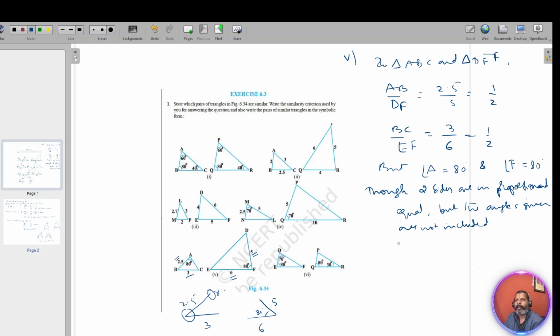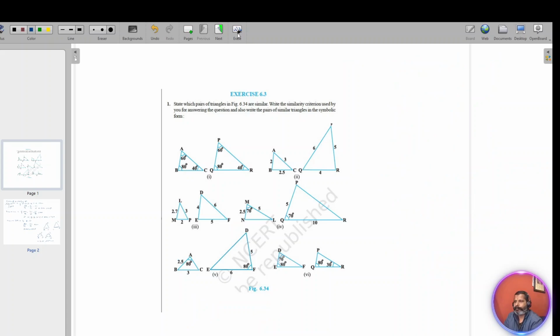Therefore, triangle ABC is not similar to triangle DEF. Okay, we'll move to the last in the main, the sixth one.